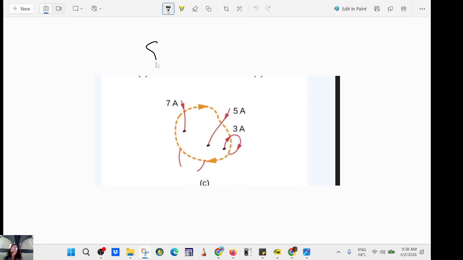So the path integral is a closed integral. Just apply it: it goes mu 0. You take your right hand, so it's clockwise.